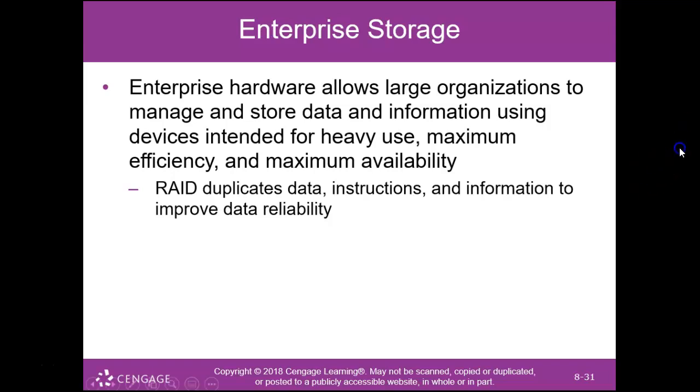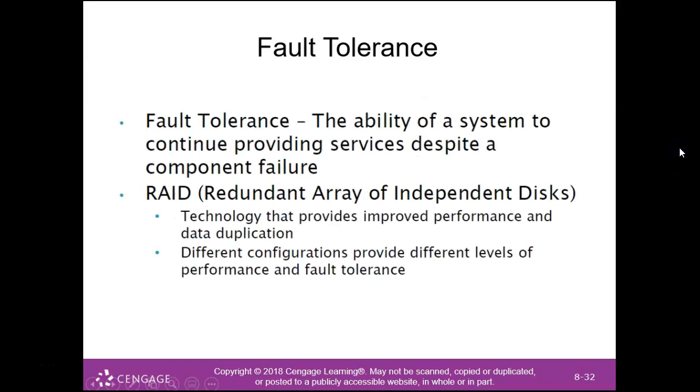Now, something that's not in the literature, but I wanted you to be aware of, is the term fault tolerance. Fault tolerance is the ability of a system to continue providing services despite a component failure. And it's a consideration when installing equipment. Do you need fault tolerance? It costs money, right? So RAID offers not only increased storage capacity, but improved performance.